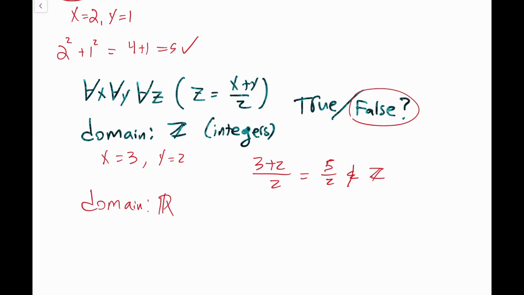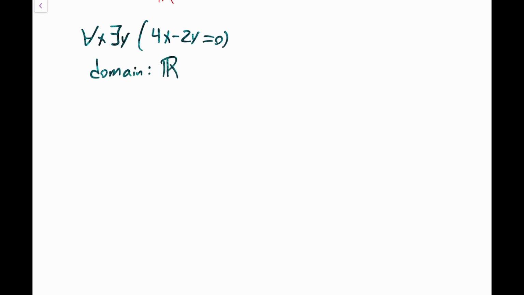Or how about this? For all x, there exists a y such that 4x minus 2y is equal to 0. The domain refers to the real numbers. Again, is this true or is this false?